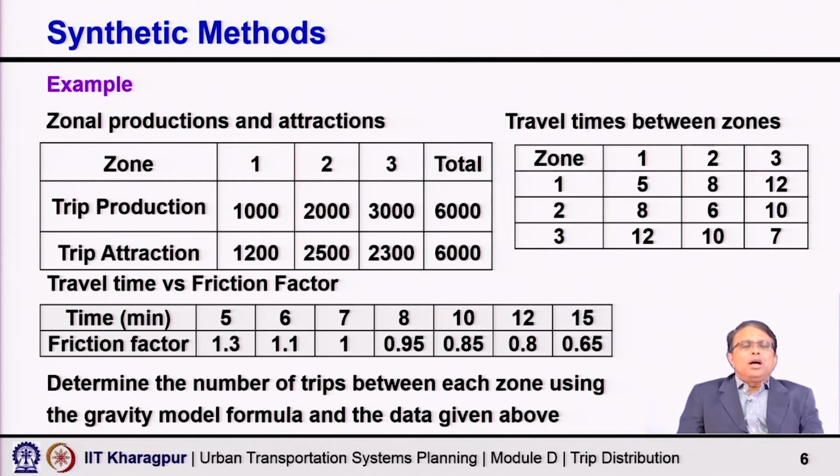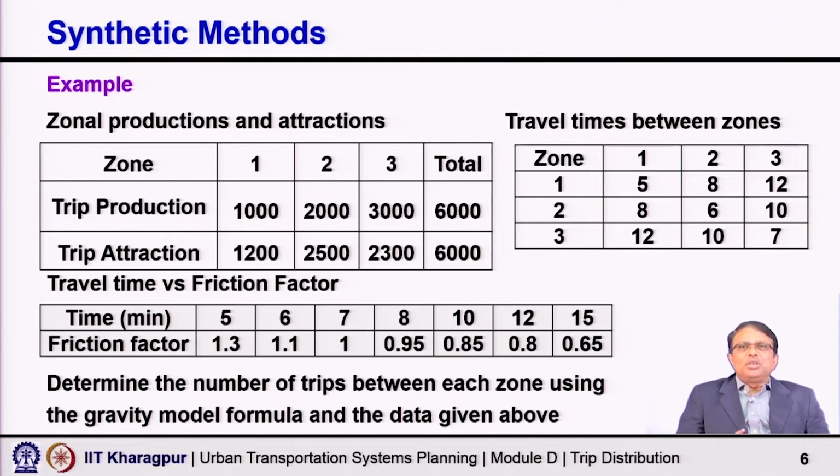Now look at this interesting thing. In the original gravity model that I introduced, I said we divide by dij to the power n or whatever it is.